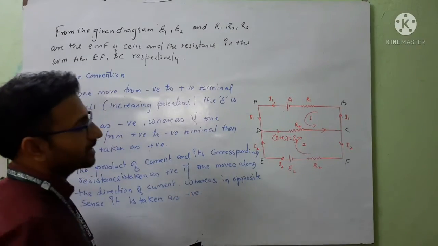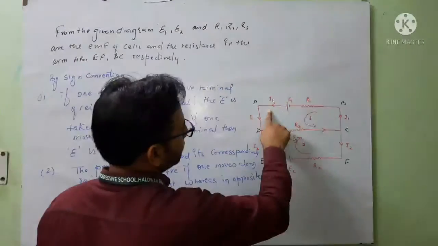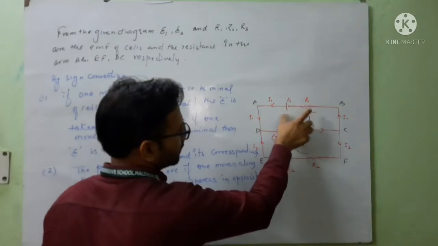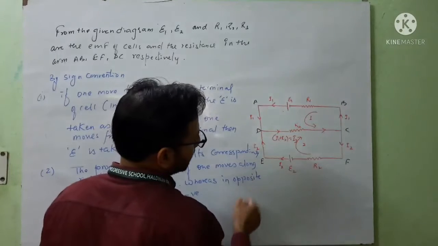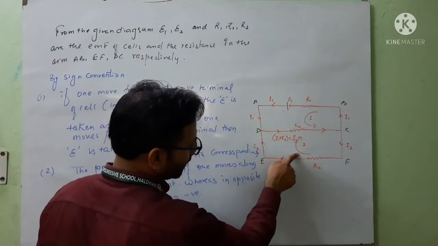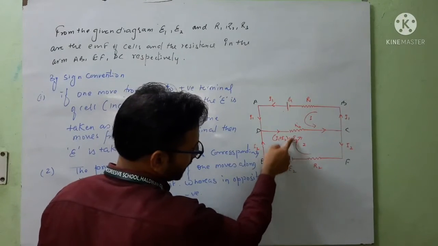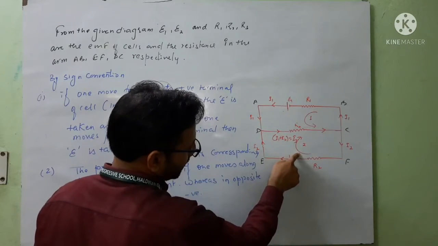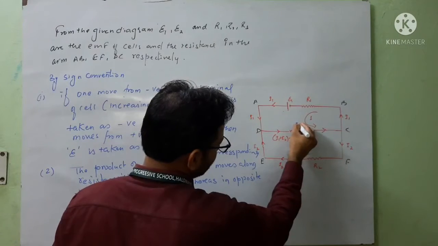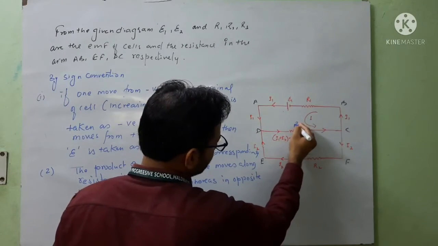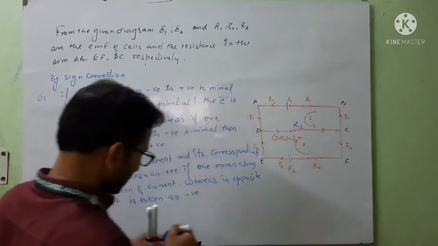Got it? It means that the product of I1 and R1 will be positive if our direction and the direction of current in the given arm are the same. It is taken as negative if the direction of movement is opposite to the direction of current in the given respective arm. Got it? So we will solve this.